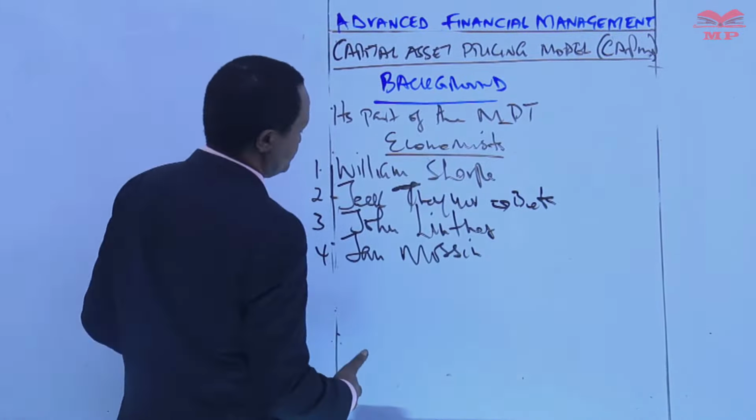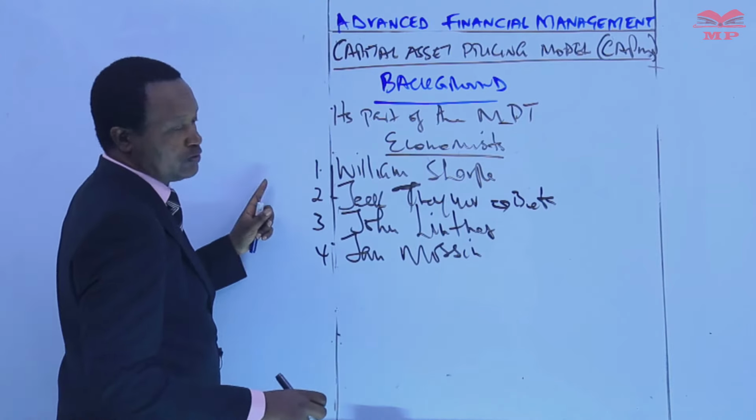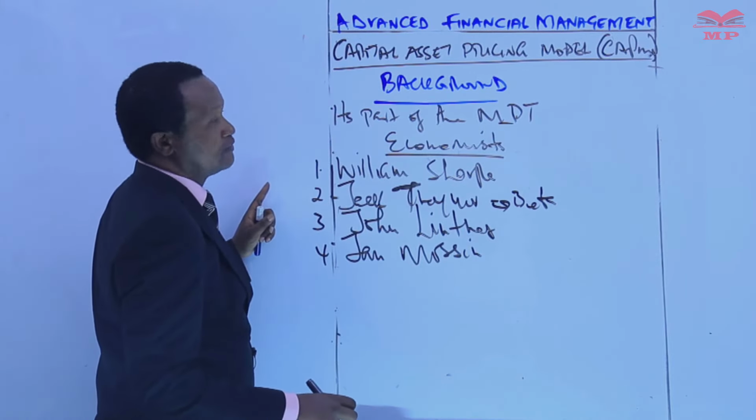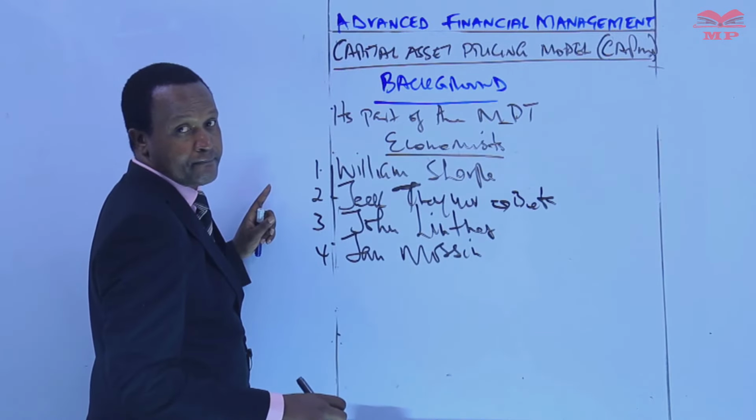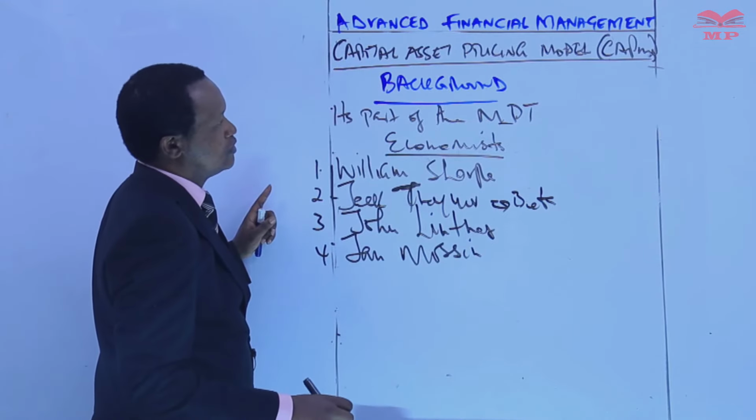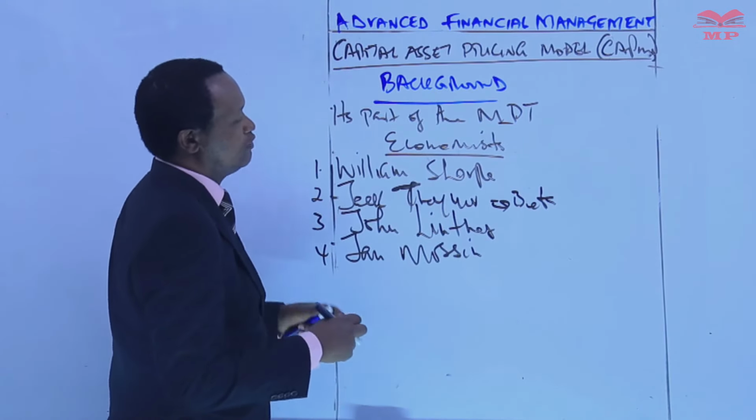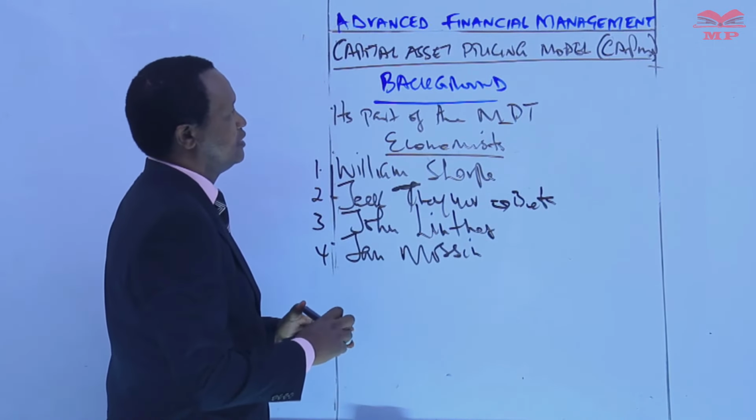All right, so we have these four figures who built on the work of Harry Markowitz: economist number one, William Sharpe, number two, Jack Treynor.